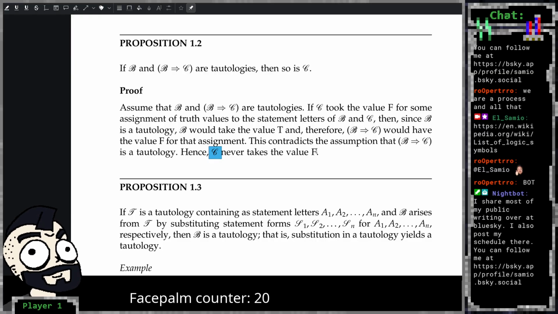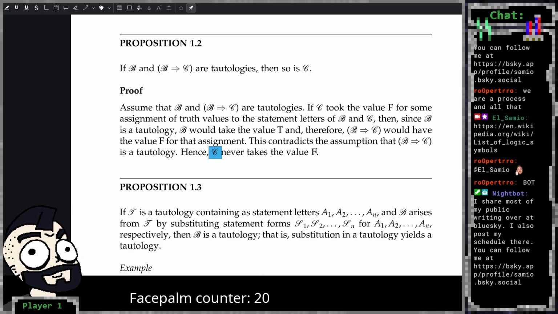Now, that is only in this logic. There are other logical systems in which always being true and never being false are not synonymous. If you have, for example, a logic which models the value of unknown, basically a third value, then depending on how you arrange your system, always being true and never being false are not the same.